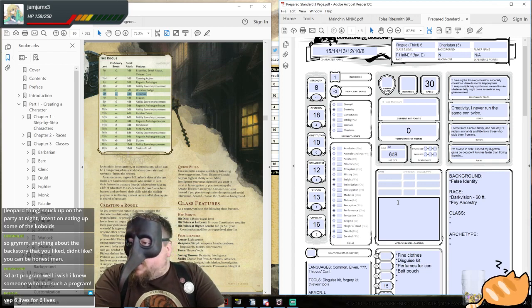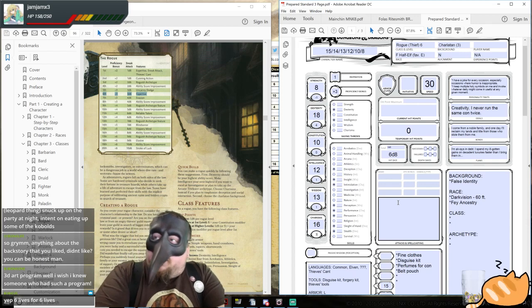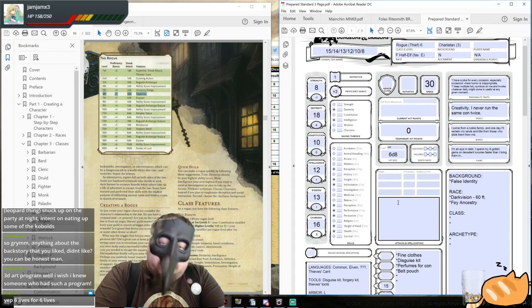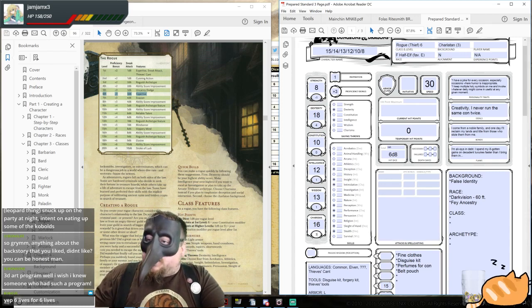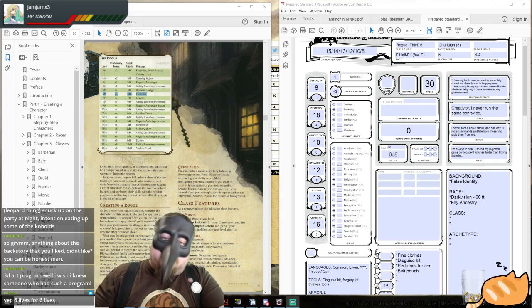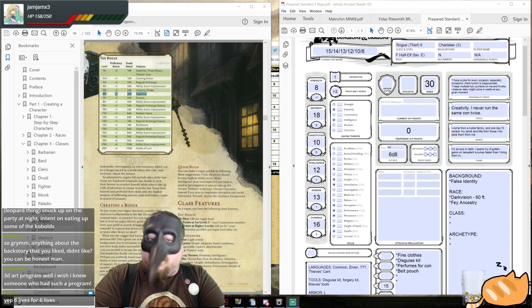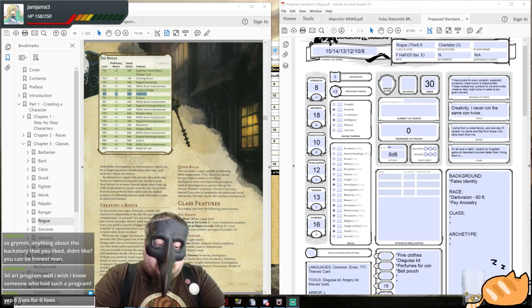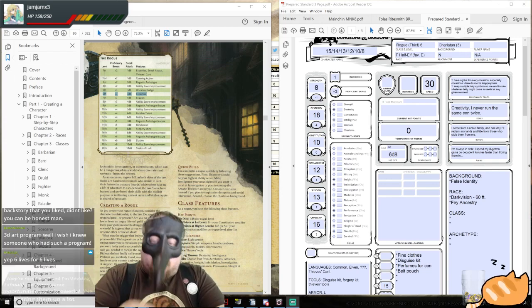3D art program. Well, I wish I knew someone who had such a program. You know what, Bubonic? You should ask Rowmonger. If Rowmonger stops into the chat, let me see if he's in here. I mean, he'd probably say something if he was. But if Rowmonger comes on, he has a lot of computer-assisted drafting, some CAD stuff, and he might be able to direct you over to some kind of resource.